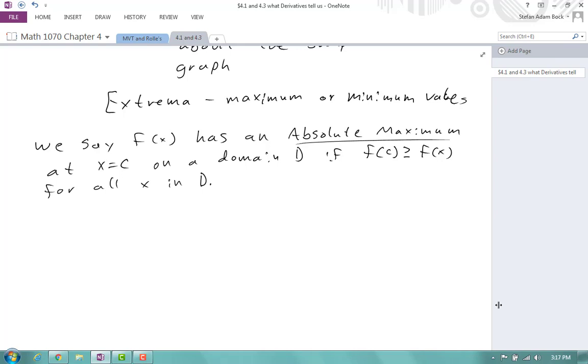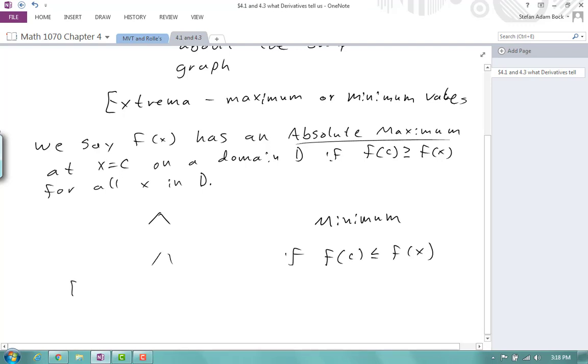value on that interval. And similarly, we'll have an absolute minimum if f of c is less than or equal to f of x.